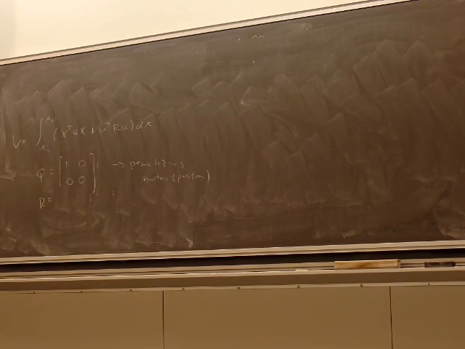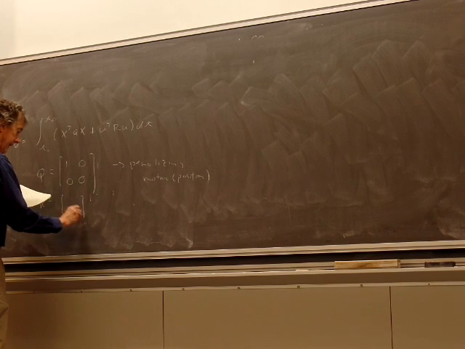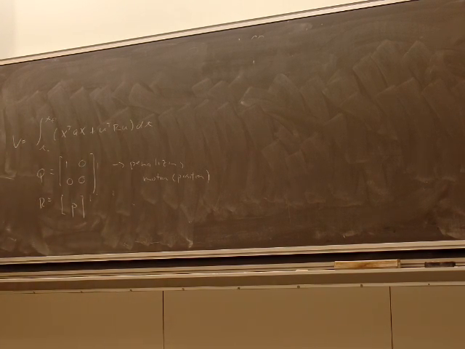Positive semi-definite. That's okay for Q. It can be positive semi-definite. R cannot be. I have to have some positive definite value for R. I'm just going to call it some constant, P. We'll see what the effect of that is. So P is a positive number.